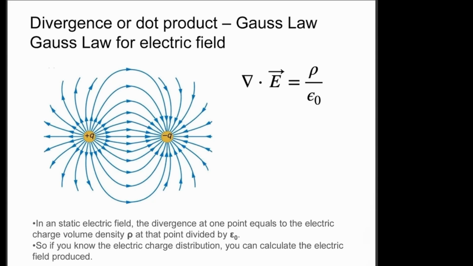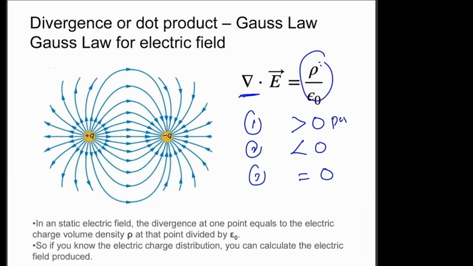From this equation, we can see that there are 3 types of output of the dot product. First is greater than 0, second is less than 0, and third is equal to 0. The value is positive, or negative, or 0.